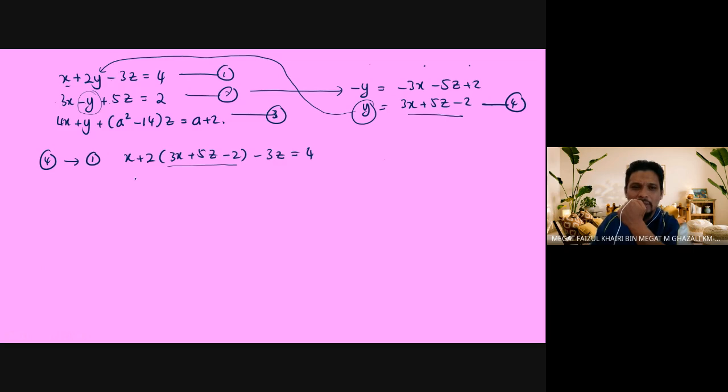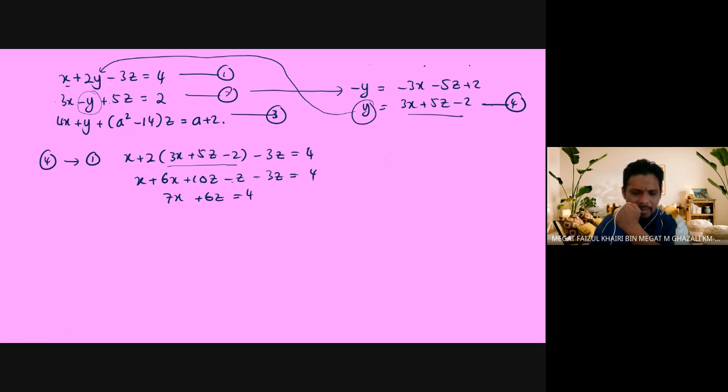So from here, x plus 2 times 3x, 6x, 2 times 5z, 10z, minus z minus 3z equal to 4. x plus 6x, 7x, 10z minus z minus 3z, 10 minus 4, 6z equal to 4.